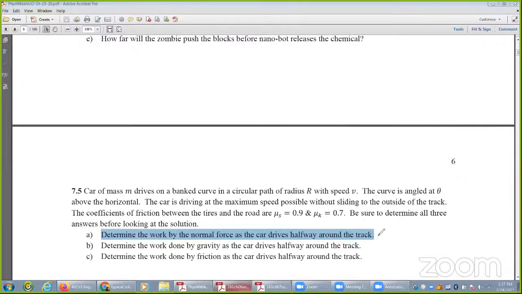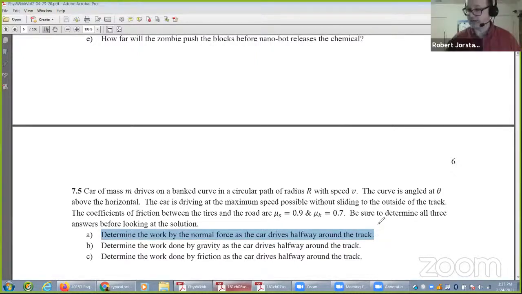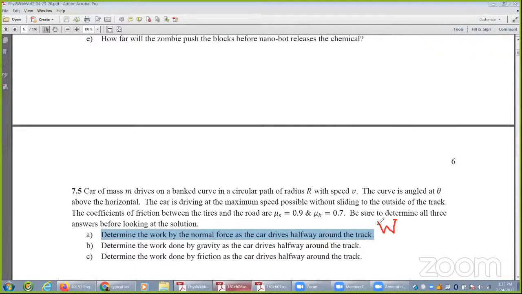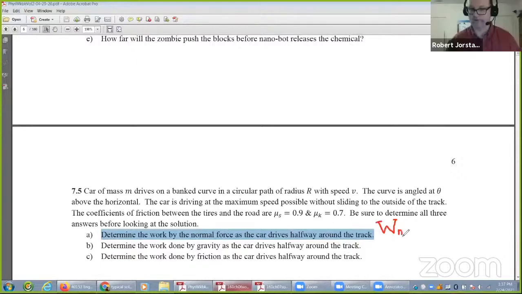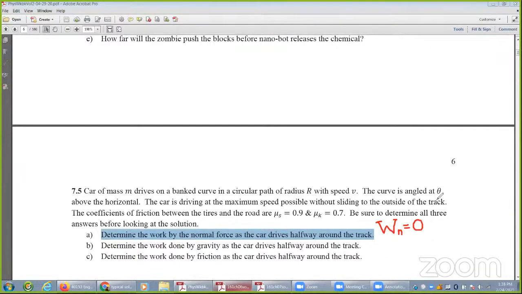Would normal force be 0? Normal force is not 0. I think you meant the work done by the normal force. Agreed? Right. Sorry, I'm just trying to use the right words. So you're right. The work done by the normal force is 0. How do you know it's 0? Anything perpendicular to the displacement is 0.